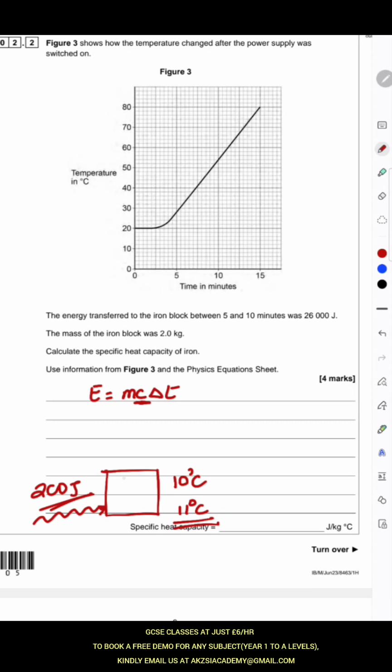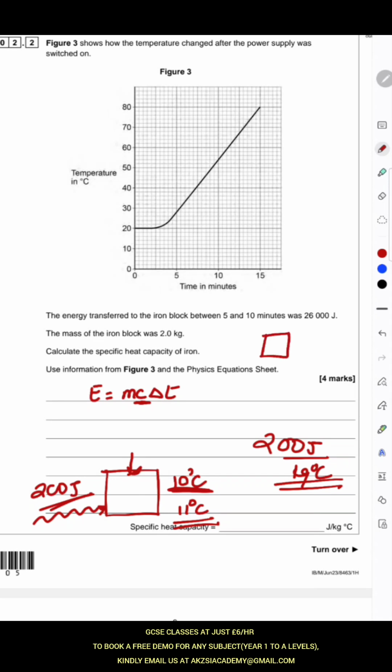When you supplied 200 joules of energy, its temperature rose by 1 degree Celsius. So I would say 200 joules per kg per degree Celsius is the specific heat capacity of this object, let's say any object.